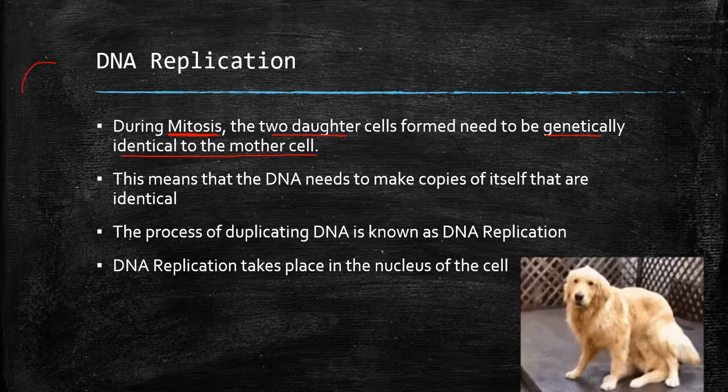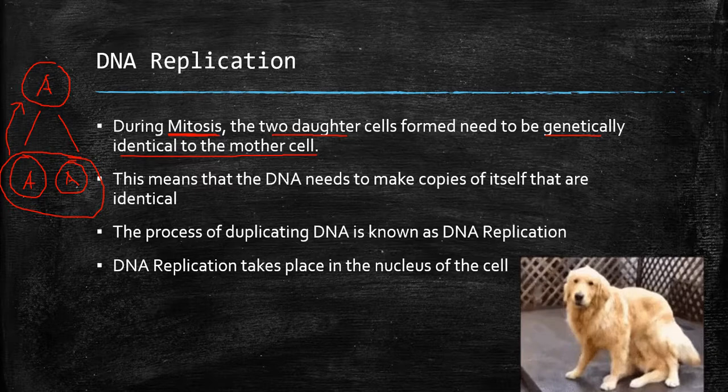So you're going to have one cell that is going to divide itself into two cells that are exactly the same. So if this cell was to be called A, this cell should be called A and A. They should be genetically identical to one another and also genetically identical to the mother cell. Okay, so that's what we mean.